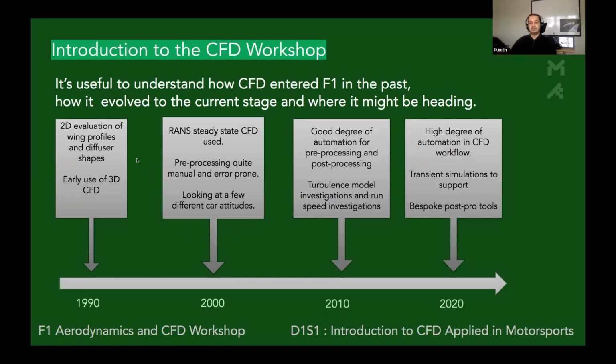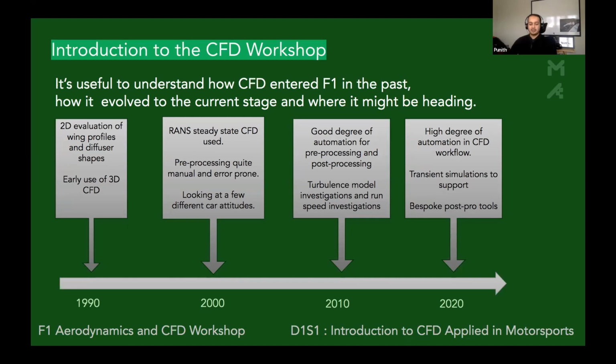So as I said, in the 90s we had 2D evaluations of wing profiles and diffuser shapes, almost very simple codes, and it was a bit early for 3D CFD. It was just starting to be looked at. Then in the 2000s, you started getting lots of RANS steady-state CFD.